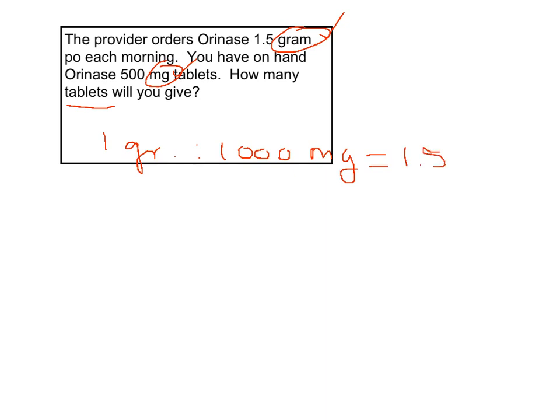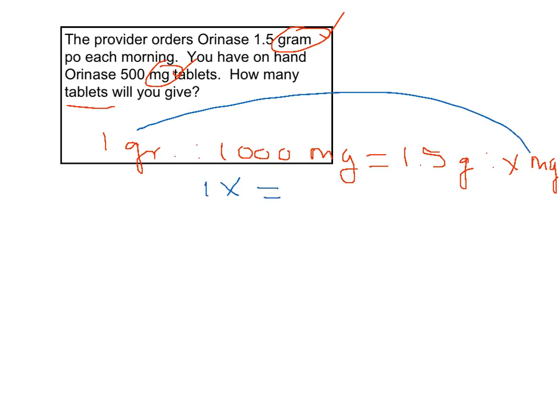You have 1.5 grams ordered, so how many milligrams is that? Using the same process that we used in our other test questions, multiply outer, and you get 1x equals, multiply inner, 1,500, because 1,000 times 1.5 is 1,500.